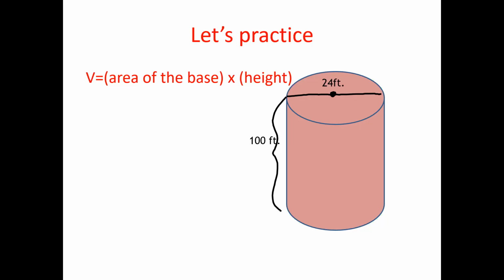You're both correct. Yes. Mena, did you just multiply 24 times 100? That's not how you do it. You gotta find the area of the circle and then multiply it by the height. Good, Dario. Good, Danelle. Good, Alina. Good, Shai.